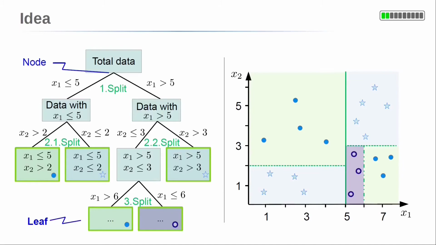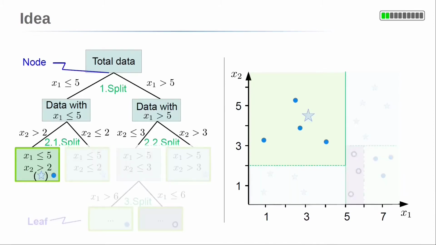So, finally, we build a decision tree which splits the input variable space into rectangles where the given training data belongs to a specific class. Usually, it is not necessary to split until the training data is separated perfectly. We will go into the details in the section about hyperparameters of decision trees. But if you have multiple classes present at a leaf node, you can just classify according to the most frequent class. In the example here, the light blue dots.